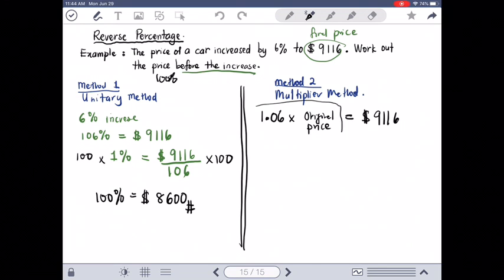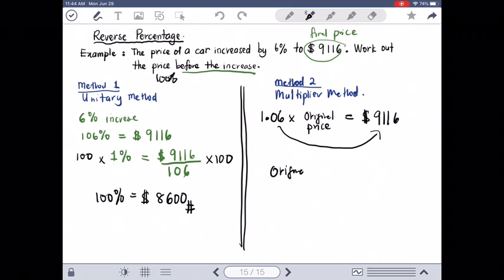So the relationship between the multiplier and the original price is multiplication. Means that if we bring 1.06 to the right hand side, we need to reverse the process. Means that we need to divide.